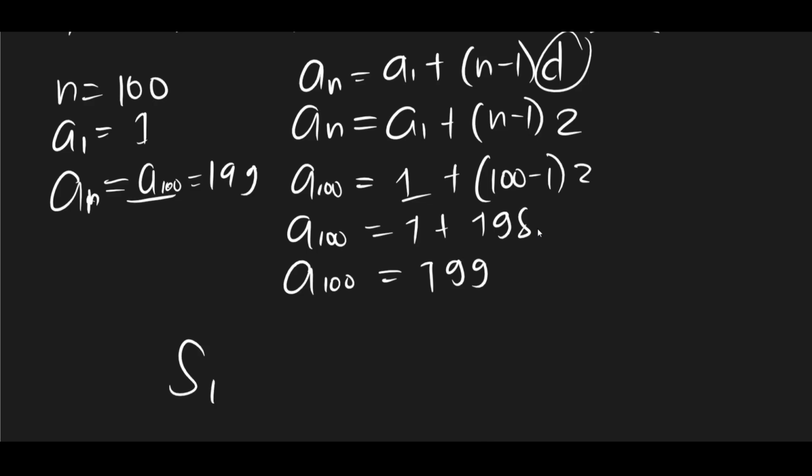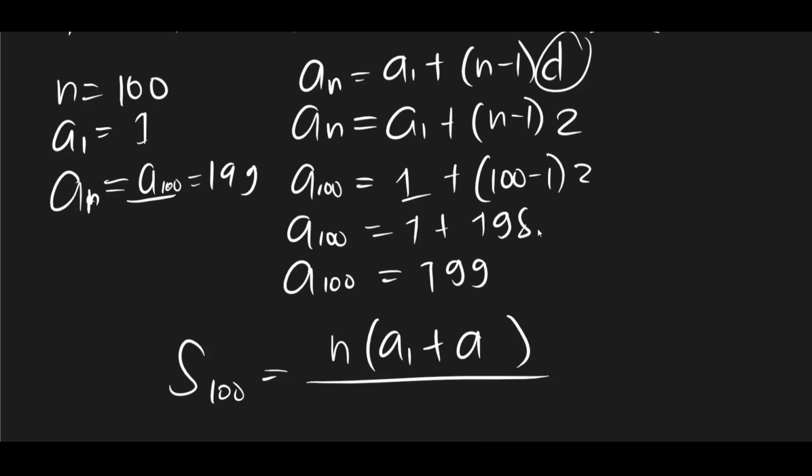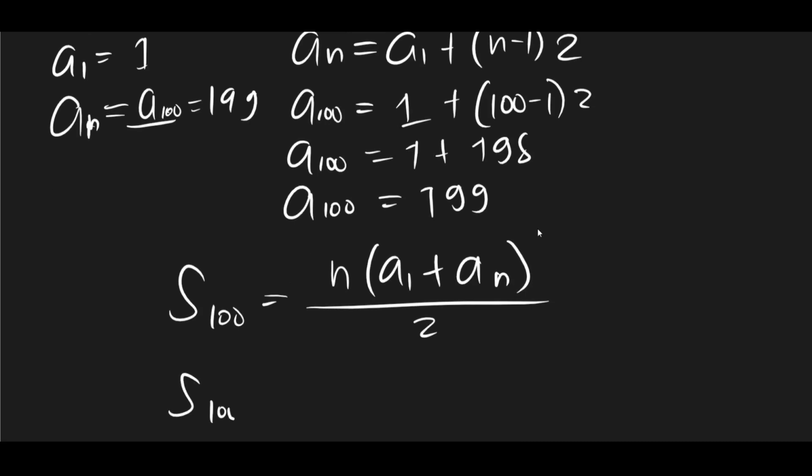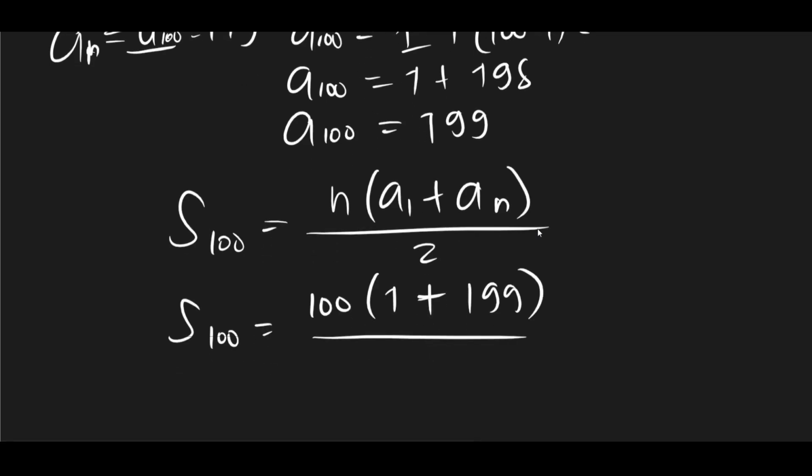Now that we have our a100, an is equal to a100 is equal to 199, we can apply our formula. S100 is equal to n times (a1 plus an) all over 2. For S100, our n is 100, so you get 100 multiplied by our a1, which is 1, plus our a100, in this case 199, over 2.